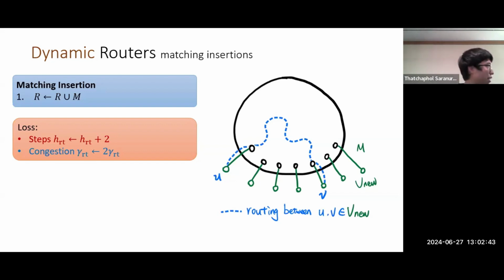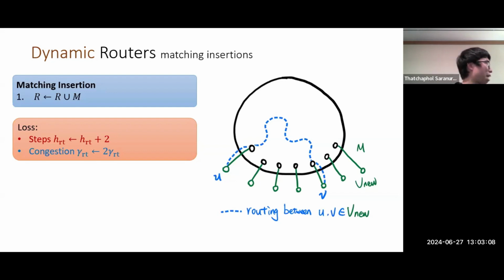But if the demand pair is between new vertices, like in this figure, suppose it's between two green vertices u and v, then we can first route the items of u and v through these matching edges, and then ask the corresponding black vertices to finish the remaining routing.